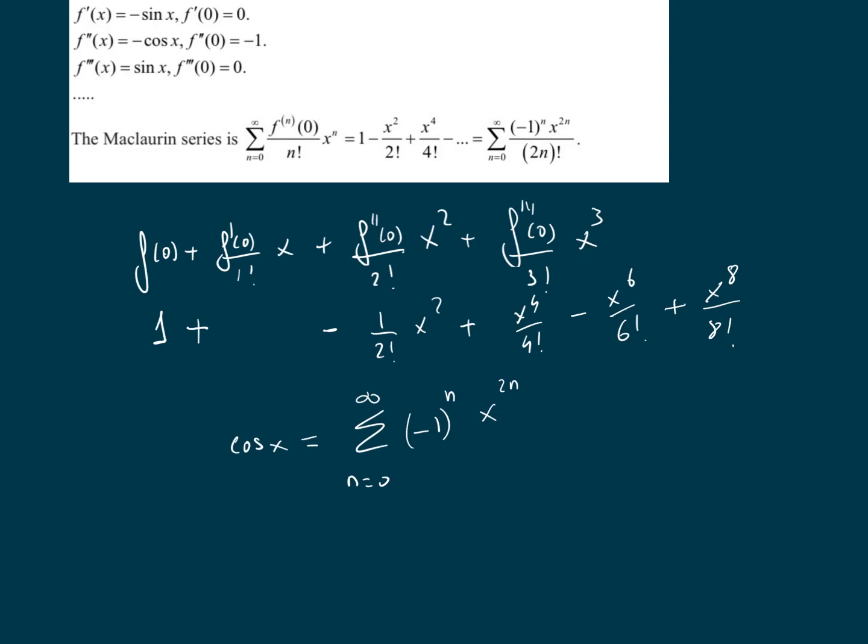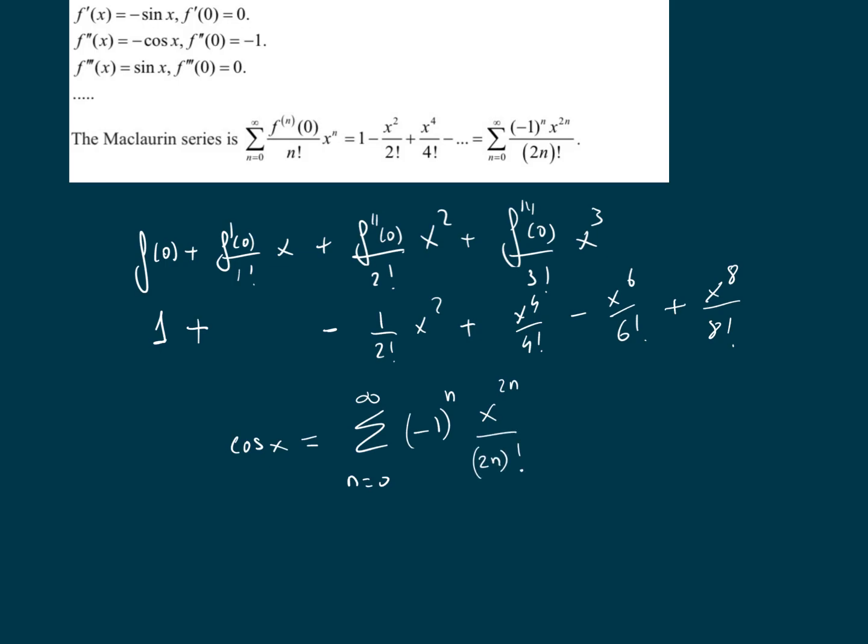Cosine of x is an even function, so the even powers will appear here. So minus 1 to the n divided by 2n factorial.